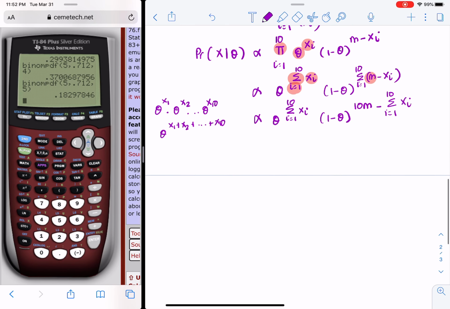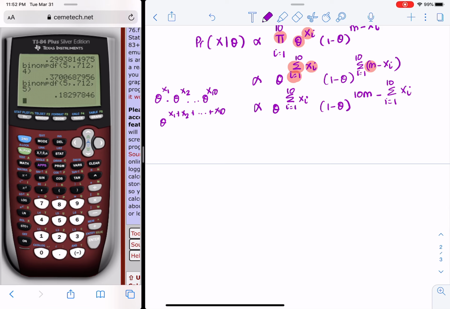As you can see, the above likelihood function is for a sample of size n equals 10.